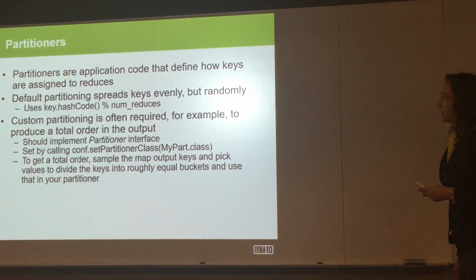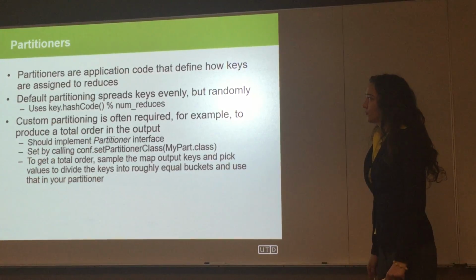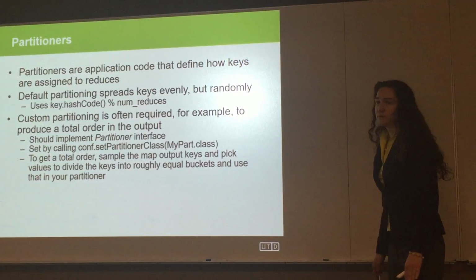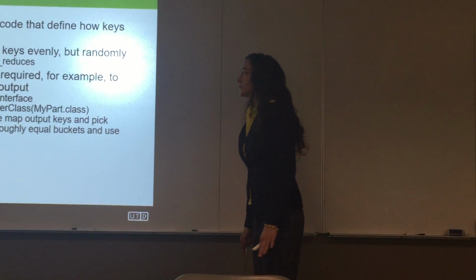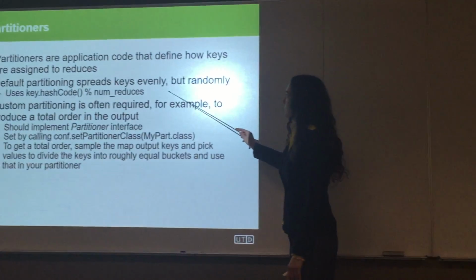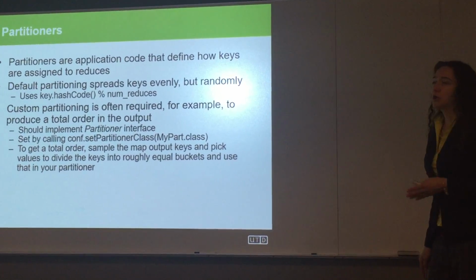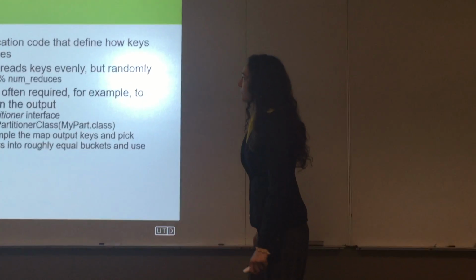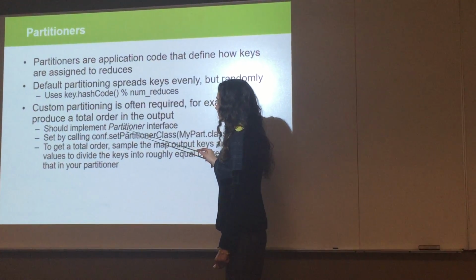The partitioners are applications that define how the keys are assigned to the reducers. If we don't use these, by default, the partitioning will spread the keys evenly, but in a random way. If we want to customize that, we can use these partitioners, for example, to preserve the total order in the output.